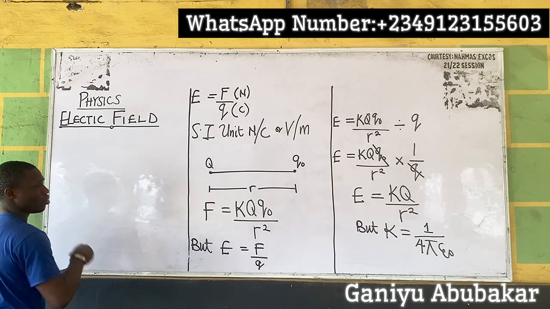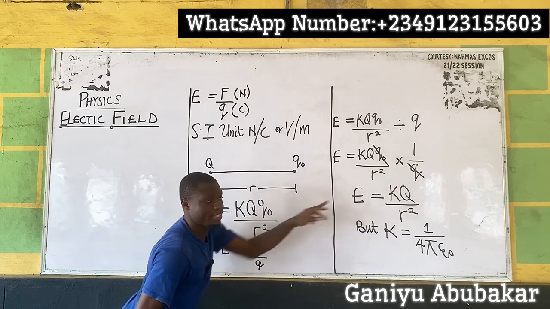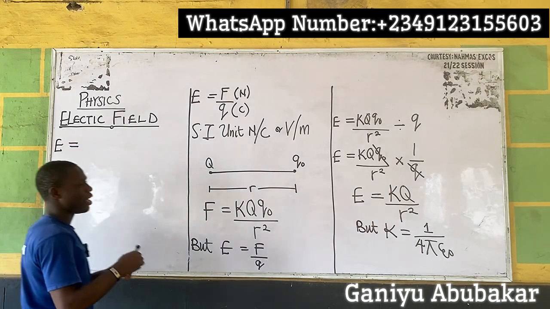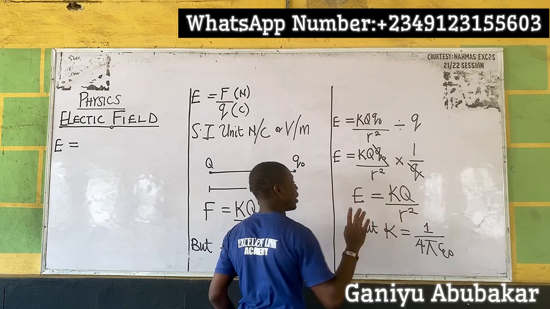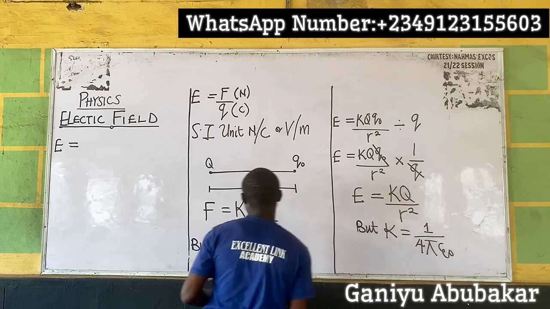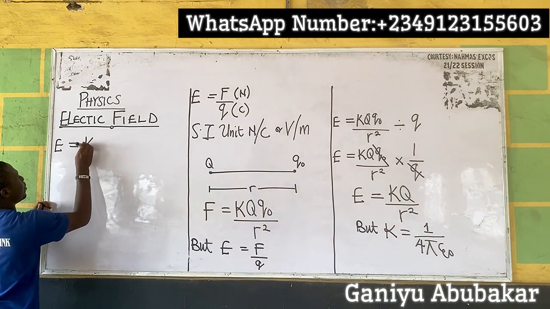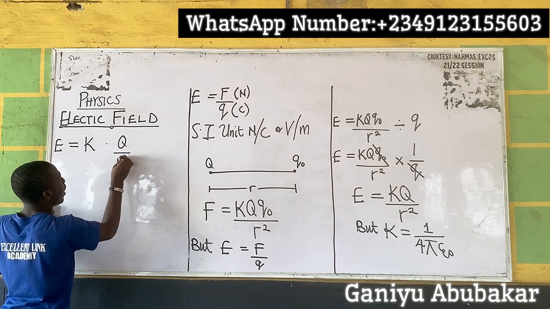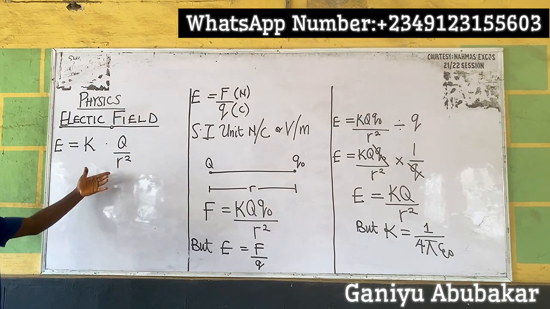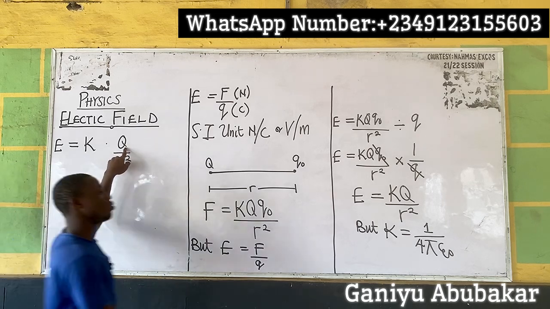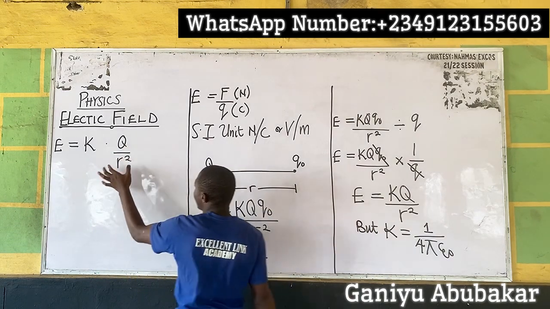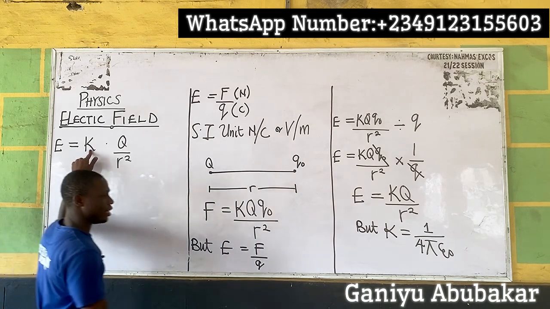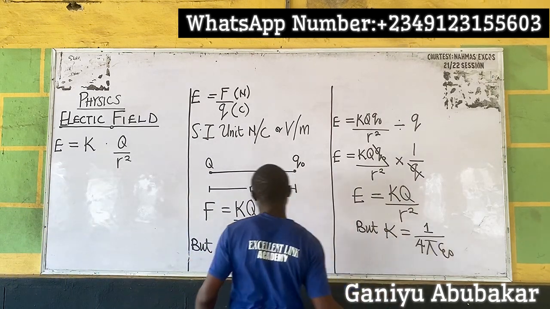Electric field intensity E is equal to k times q over r squared. This is still correct. K times q gives you kq all over r squared. So I know that this k is exactly this value here, so replace k with that value.